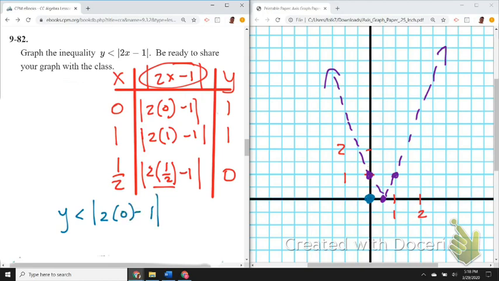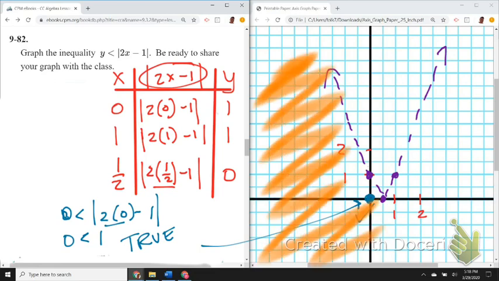And sorry, it's not going to be y, it's going to be 0, because we're choosing 0, 0. So the absolute value of 2 times 0 is 0. 0 minus 1 is negative 1. The absolute value of negative 1 is a positive 1. So is this true? Is 0 less than 1? Yes, it absolutely is true. Because it is true, that point is the good point and it's on the good side. And so the side to shade is really all of this right here.